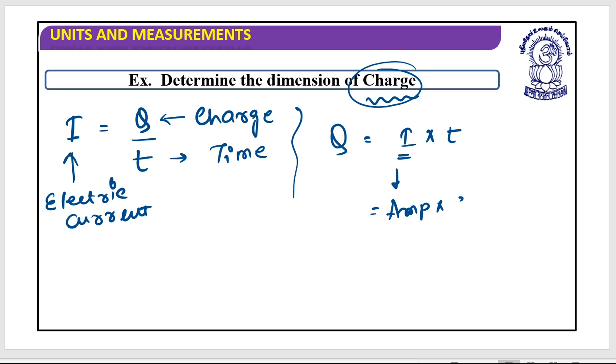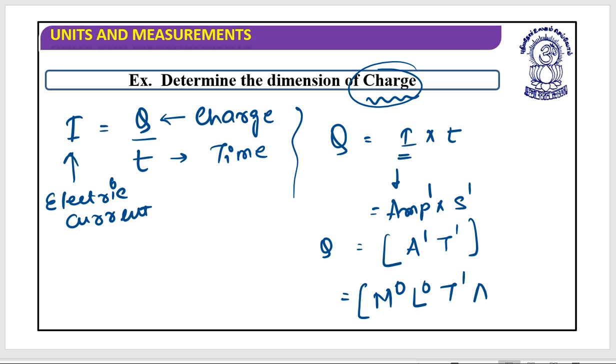For time I can write second. So this is ampere to the power 1, second to the power 1. Sometimes you will find that certain authors have written A to the power 1, T to the power 1. But it would be better to use the notation M0, L0, T1, A1. Both things are the same only.